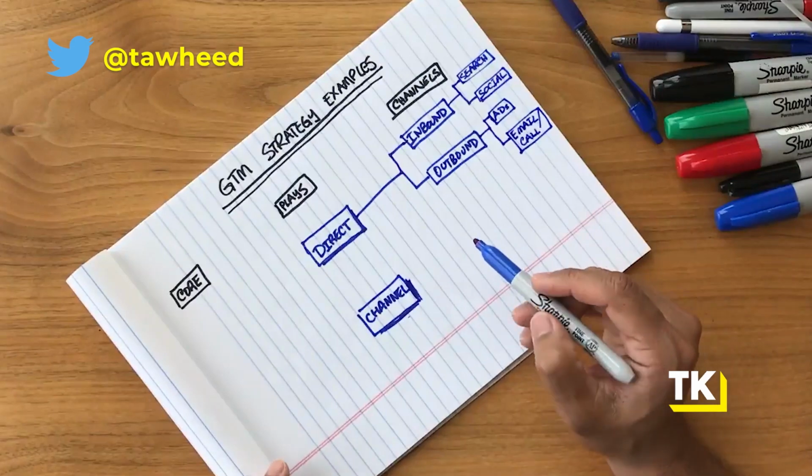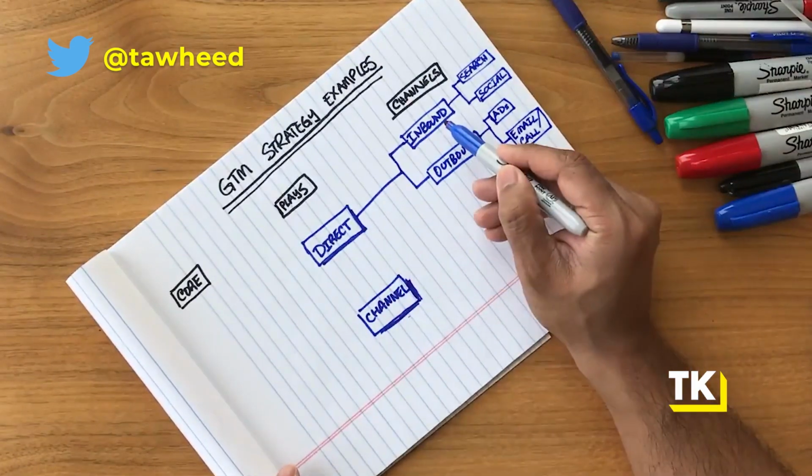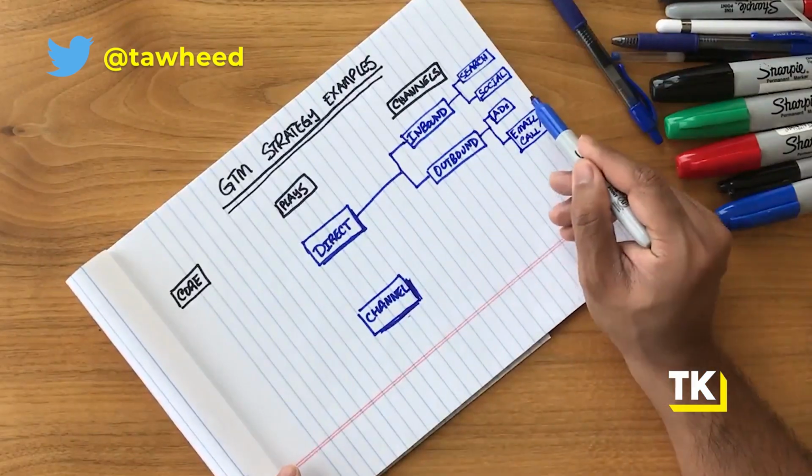All right. So this is what I really wanted to show you. All these little strategies, all these little tactics can get super confusing in your head. I know it does for me. But when you really lay it all out, there's really three. You're either going direct inbound, which a lot of people just refer to as content marketing, or you're going direct outbound, where you're running ads, or you're actually cold emailing people or calling people, or you're going through channel, right?